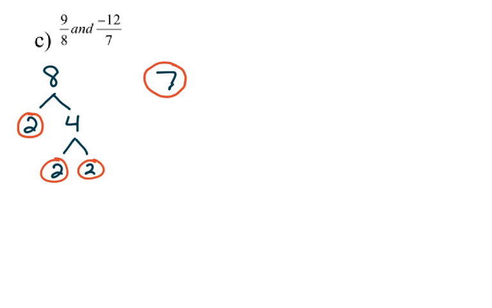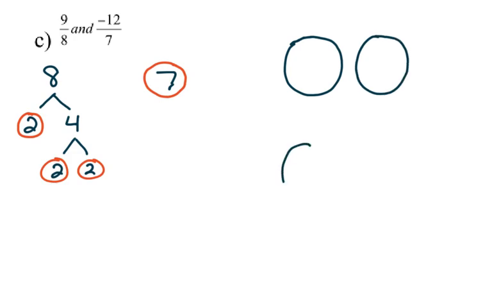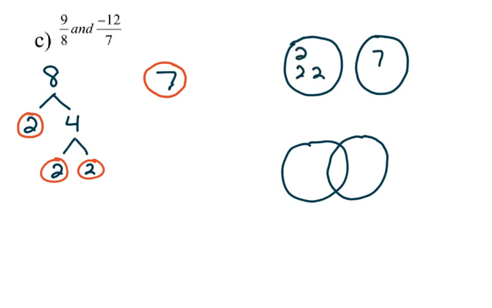So now we have, if you notice, nothing in common with these two. So the Venn diagrams won't crisscross, but if you did have them crisscross and had nothing inside the middle there, that'd be okay too, it would not be wrong. And so we have 2, 2, and 2, and 7 for our 8 and 7.